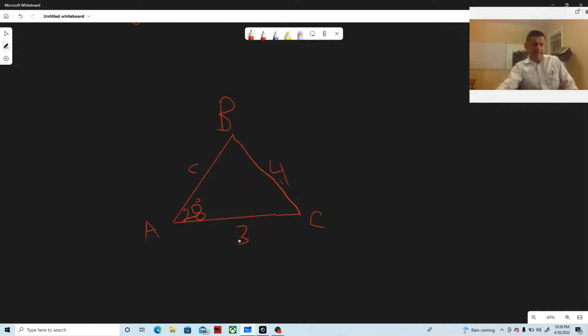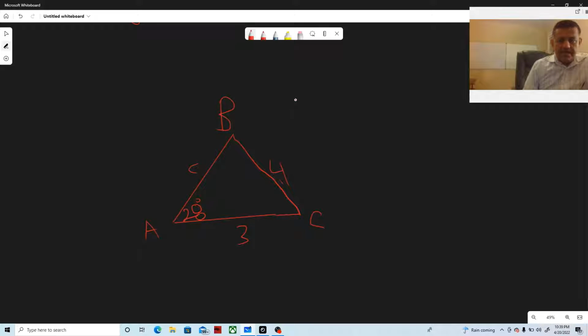So we have what is called a side-side-angle triangle. So in this case, we can use the law of sines to figure out this angle, and we can use this B.